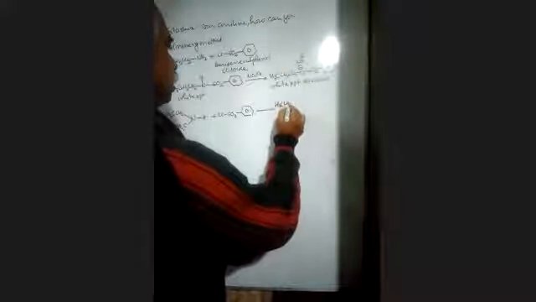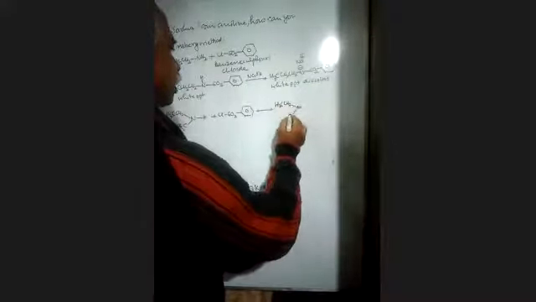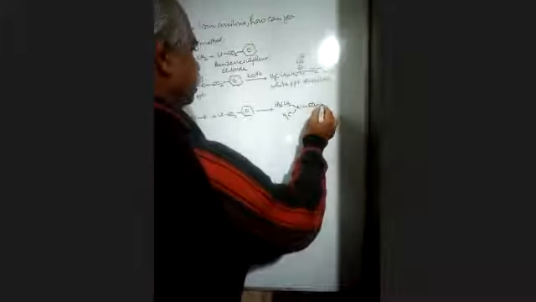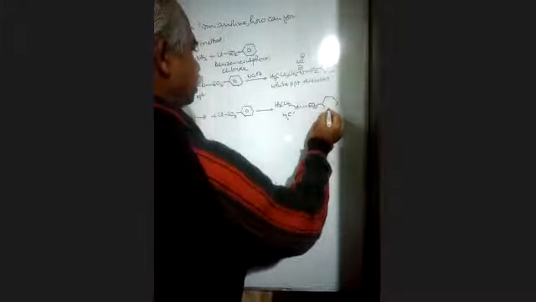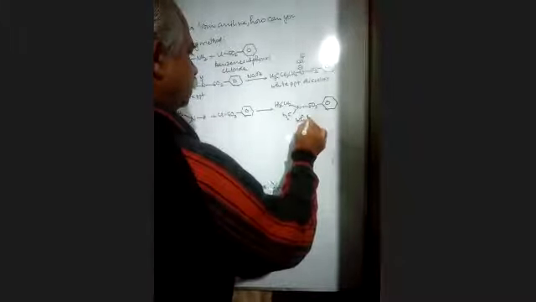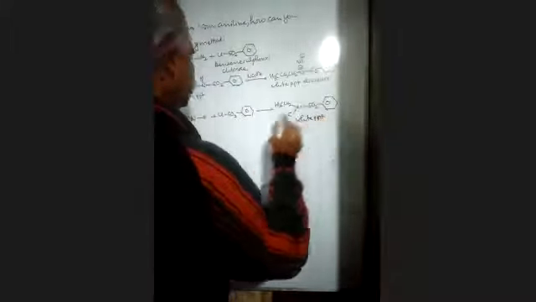CH3CH2 and CH3. Look at this. This is a white precipitate. Then I'll write here now sodium hydroxide. We'll write here: white precipitate does not dissolve.